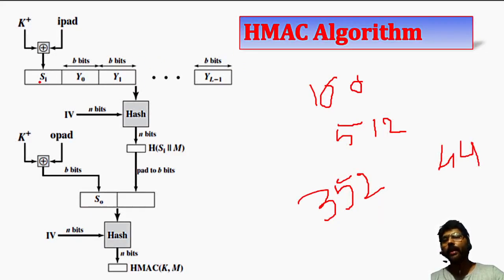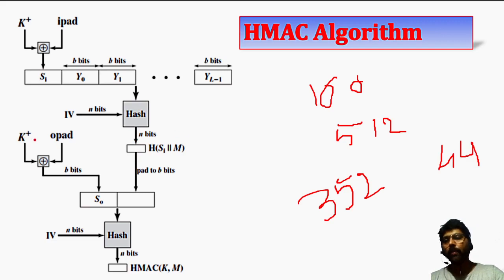Now I take the first Si and append it, and this input is given to the hash function. This hash function generates n number of bits. It will generate the hash code.